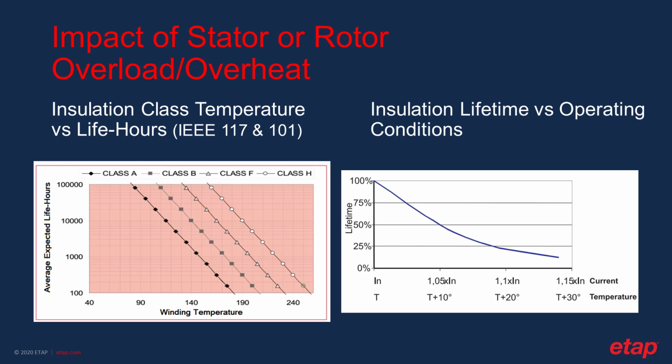So if you have 5% over that allowed current, or 10 degrees centigrade increase in the temperature of the winding, the lifetime of the insulation will be reduced by half or 50%. So you can see it would have a huge impact. So we want to make sure when we are protecting the motor for the overload, we are not allowing for such additional overloading conditions and reduce the insulation lifetime of the motor.